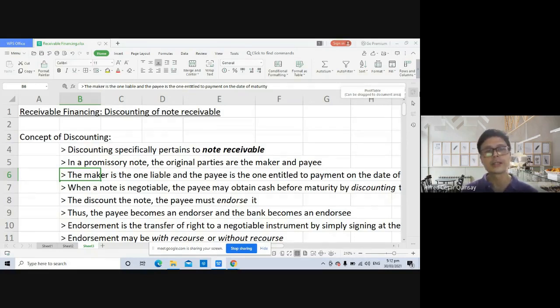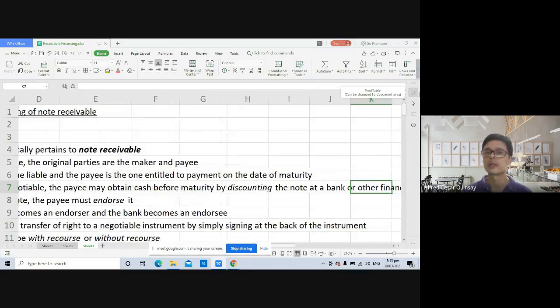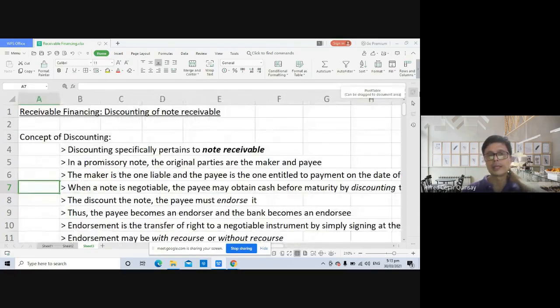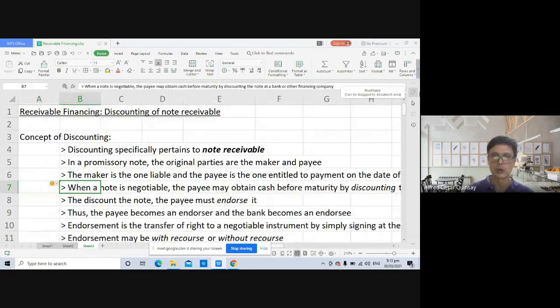And then when a note is negotiable, so the payee may obtain cash before maturity by discounting the note at a bank or other financing company. So kung minsan pwede namang kung negotiable yung note receivable, ibig sabihin pwede siyang i-transfer.